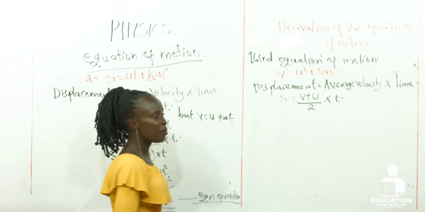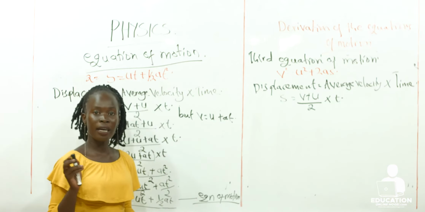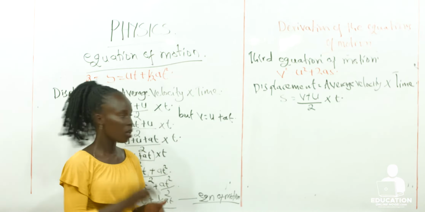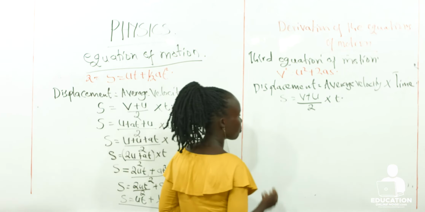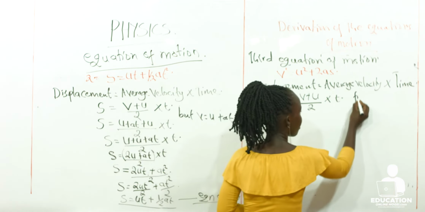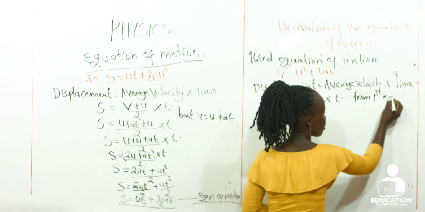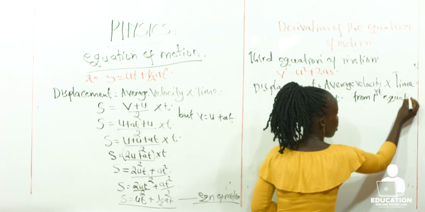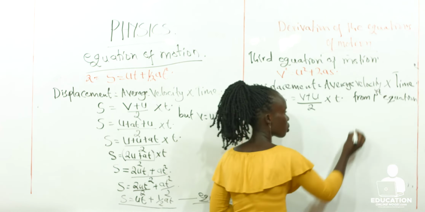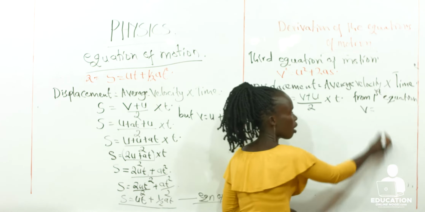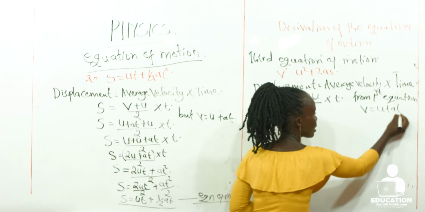So how do we eliminate the time? You go back to your first equation. What did we have as our first equation? We had v is equal to u plus at.